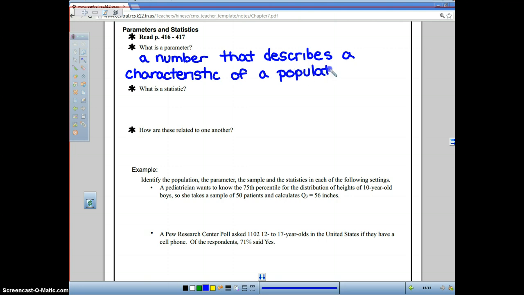We've been using these all year long, and we just haven't actually called them parameters. For example, mu represents the population mean, and it's a parameter. The Greek letter sigma represents the population standard deviation. It's a parameter. Usually, but not always, they are Greek letters. The one exception we will use is the Roman letter P, which stands for proportion of a population.